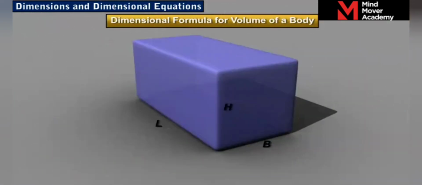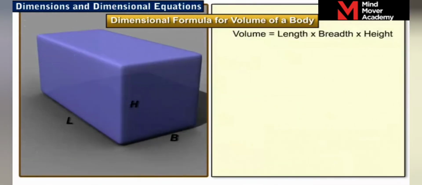Following the same methodology, we find the dimensional formula for the volume of a body. Volume is a product of length, breadth, and height. Height also represents the base quantity length.